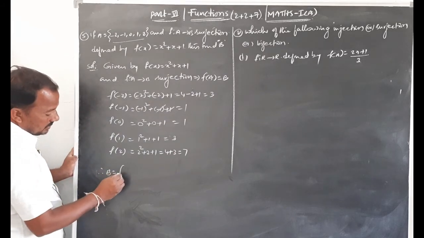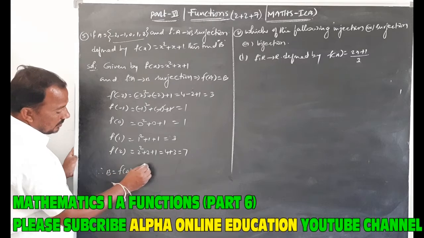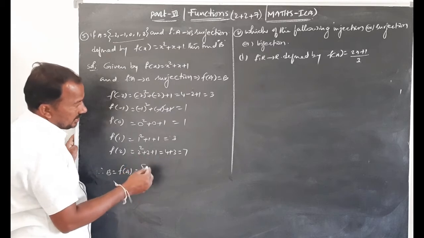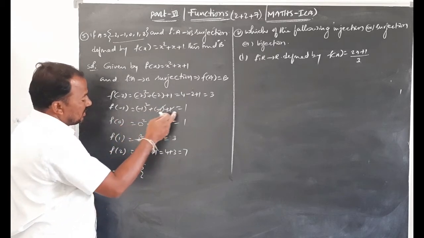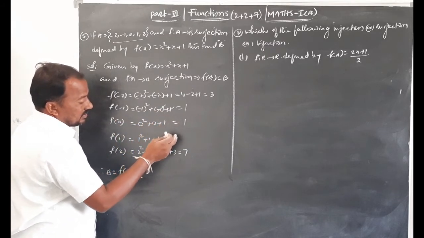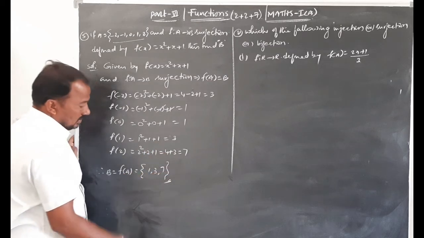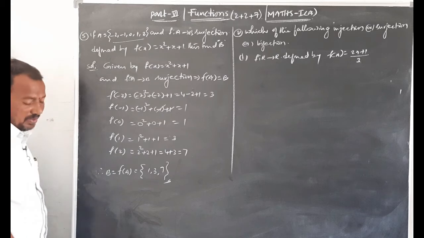B equals f of A, the images: 3, 1, 1, 3, 7, that is {1, 3, 7}. This is B.